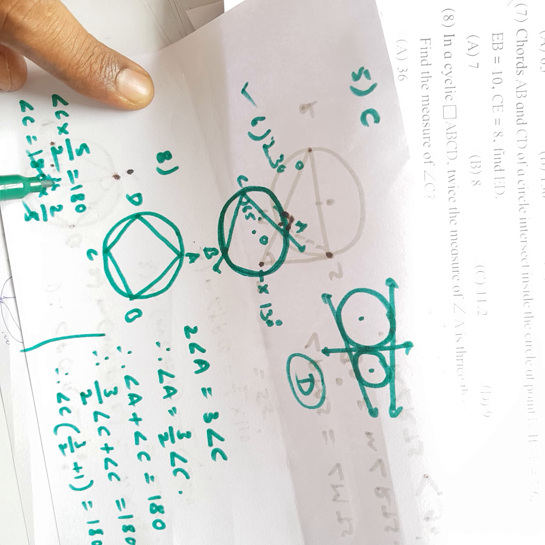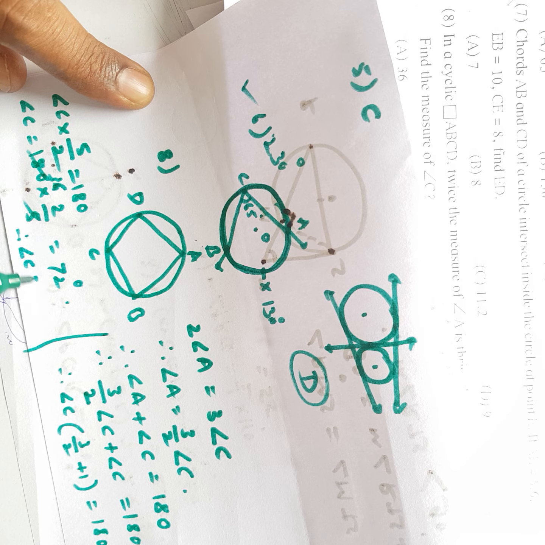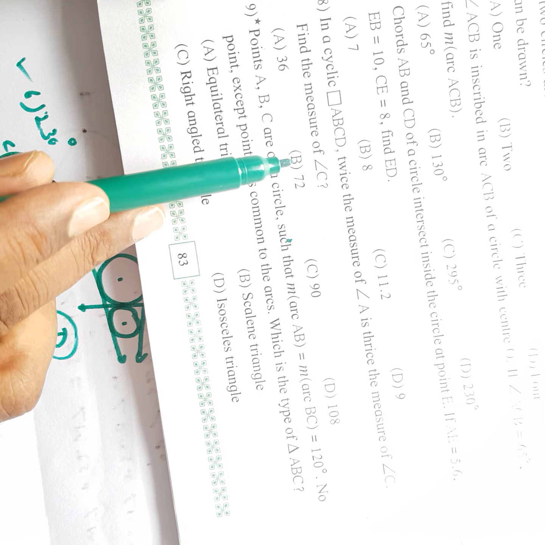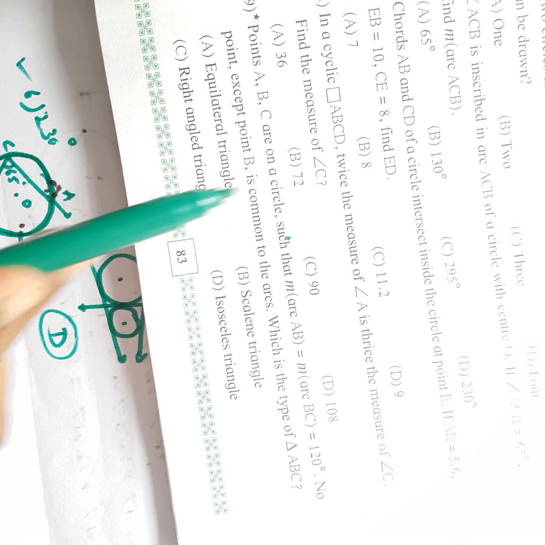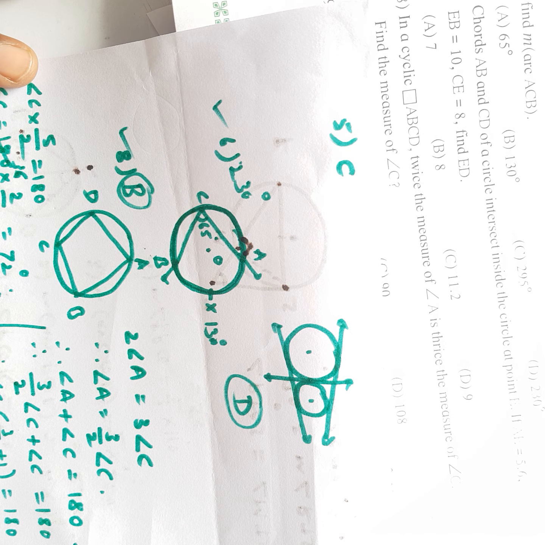Here 36 into 2 is equal to 72 degree. Therefore, angle C is equal to 72 degree. There is option B given as 72 degree. Therefore, option B will be correct for example 8.